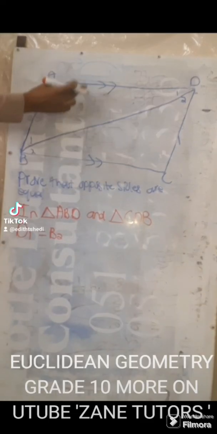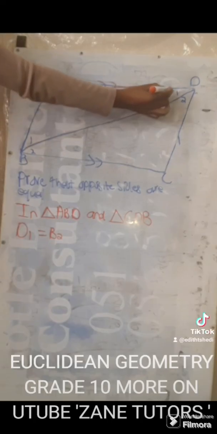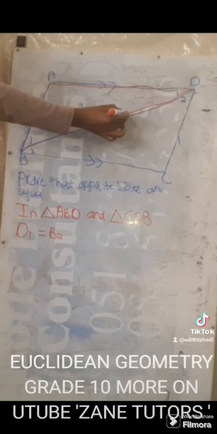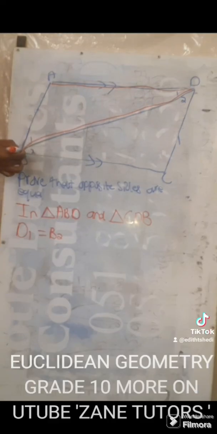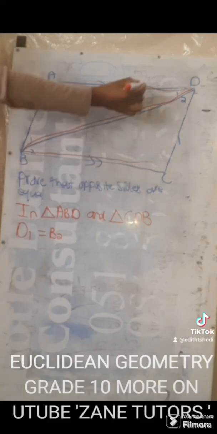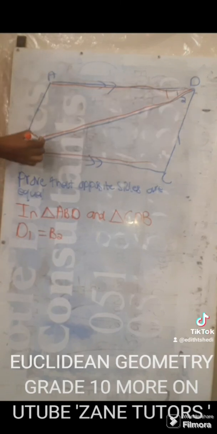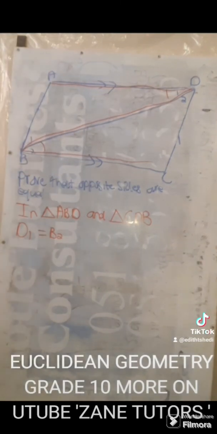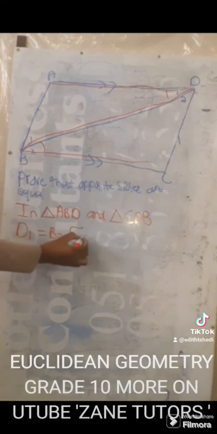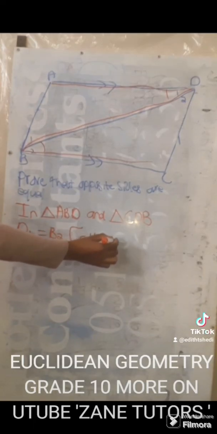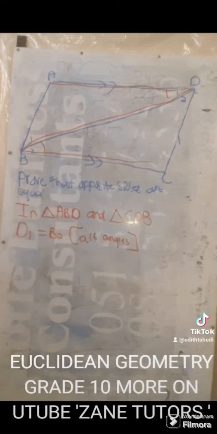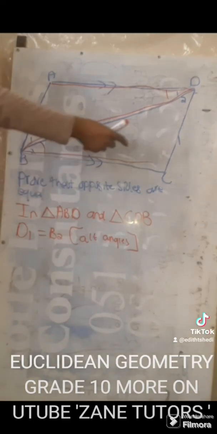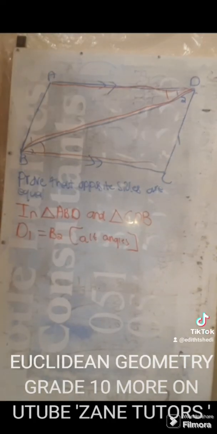These sides are also parallel. Now when you go from here and draw a Z, and then to this line here, and then to that line there, you'll see that D1 equals B2, and that is alternating angles. You can write it in full or shorten it, but I am going to write it in short. And then the other one is that when you go from this, they are also parallel.